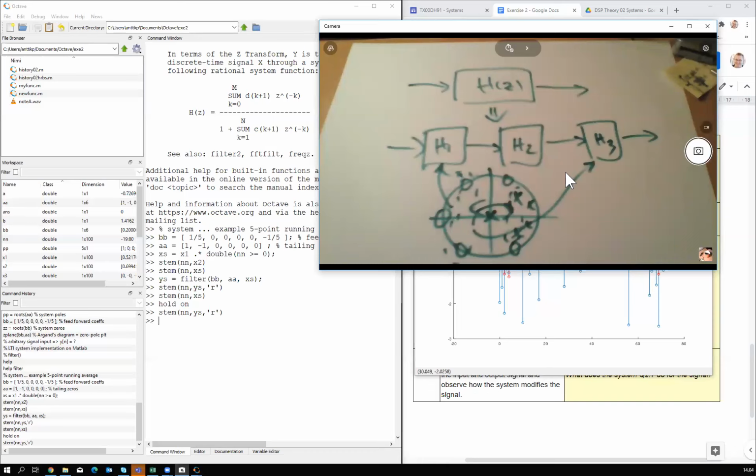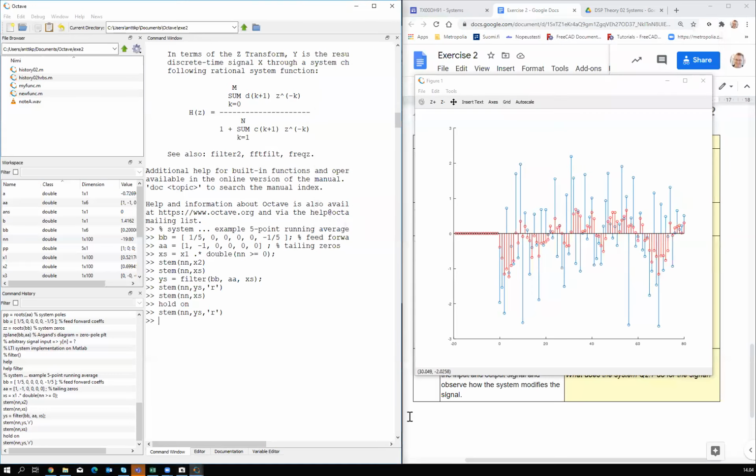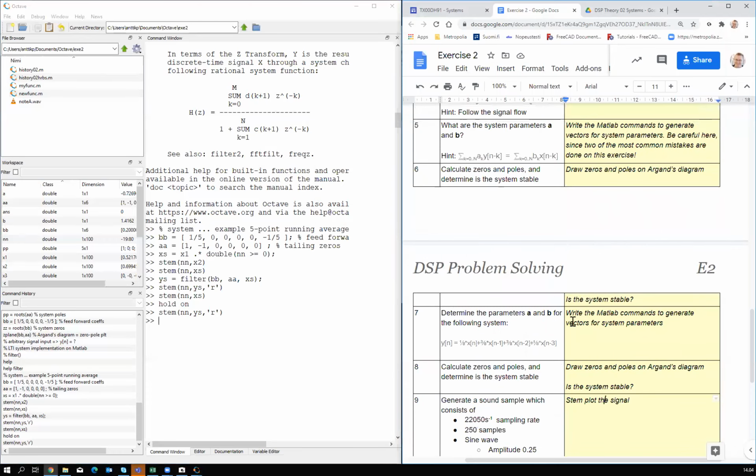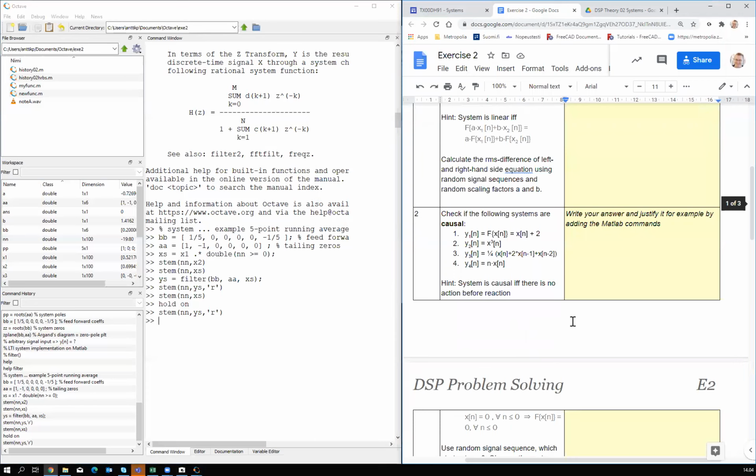What is this infinite impulse response system? Okay, good. I have a feeling that I have actually covered all of the exercise 2 points.